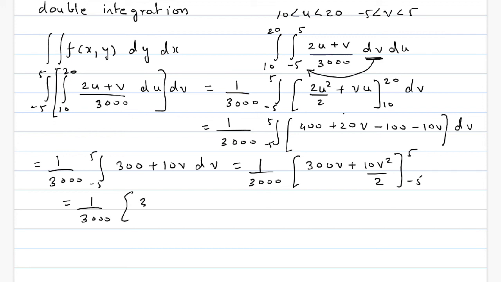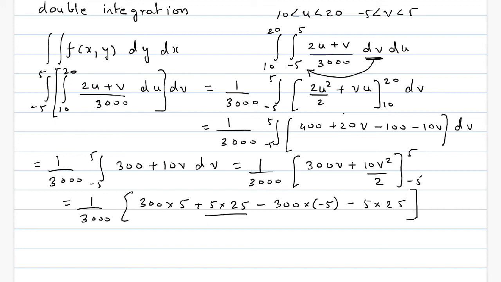And here we'll get 300 into 5 plus 5 into 25, minus 300 into -5 minus 5 into, now (-5) square is again 25.